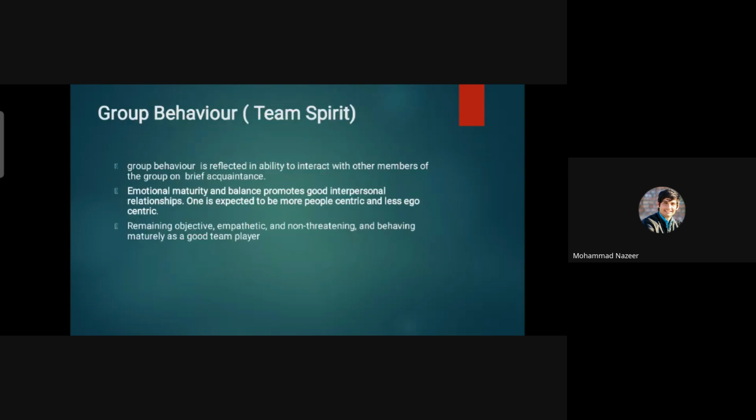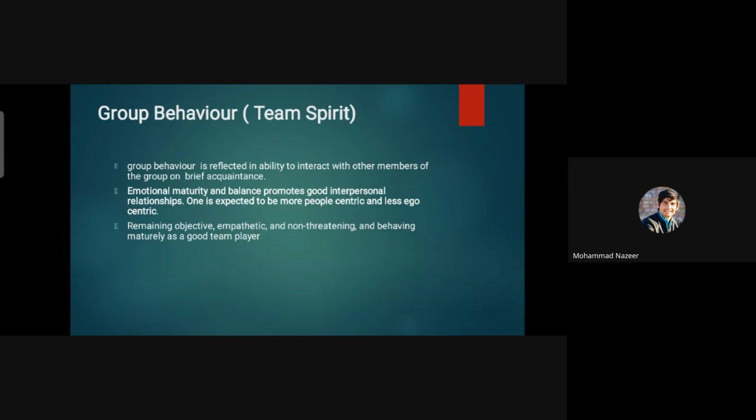So how you are going to speak in a group, your ability to reflect how you are interacting with the other members, is something other people will observe. Then your emotional maturity and balance, how mature you are, whether you are triggered or not, is something they will note.